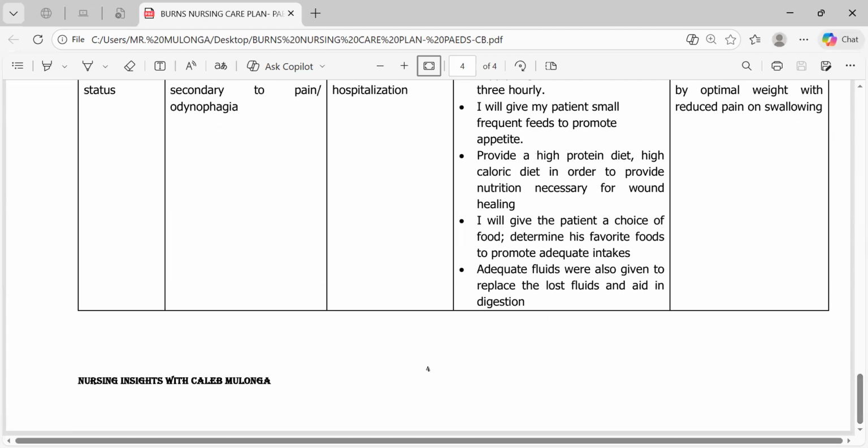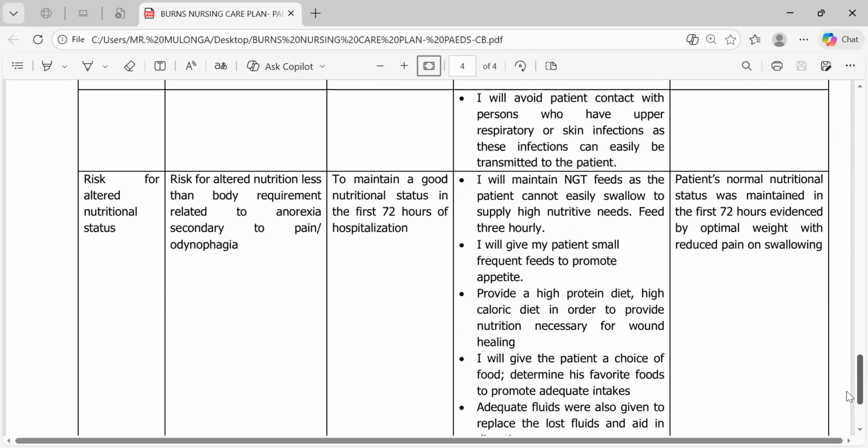Okay, so I would like to know other problems that we have, but before that, let us evaluate this problem. So the evaluation is the patient's nutritional status has been maintained in the first 72 hours, evidenced by optimal weight with reduced pain on swallowing.